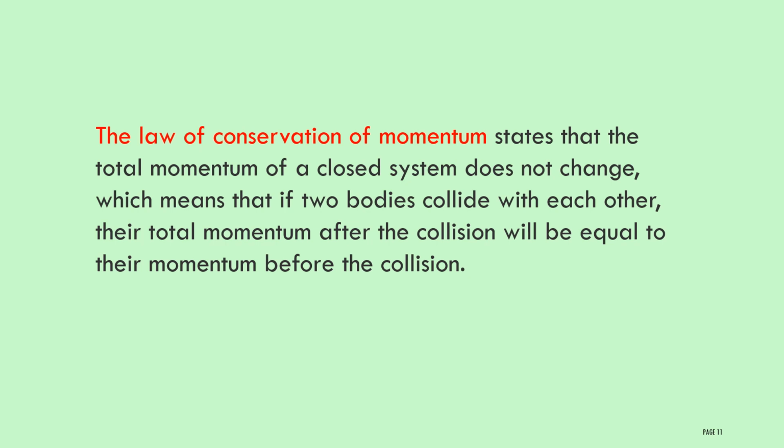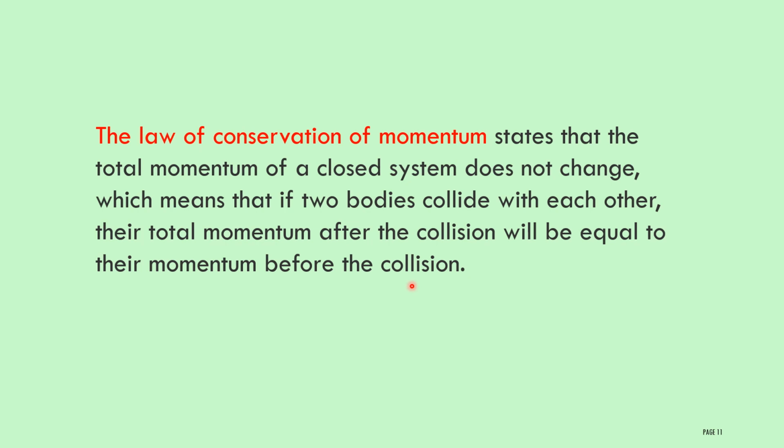The law of conservation of momentum states that the total momentum of a closed system does not change, which means that if two bodies collide with each other, their total momentum after the collision will be equal to their momentum before the collision.